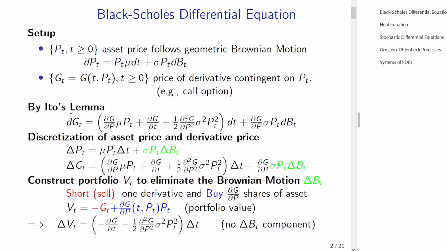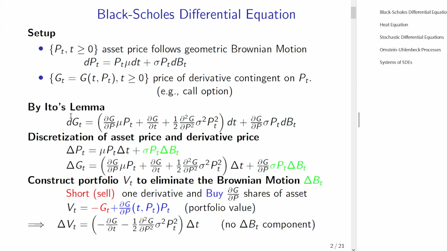And if we apply Ito's lemma to the price function g_t, then Ito's lemma gives us a sum of terms: dt times the partial of g with respect to t, plus the partial of g with respect to p times mu P_t, plus the second partial of g with respect to p times a half sigma squared P_t squared. And then finally, the partial of g with respect to p times sigma P_t dB_t.